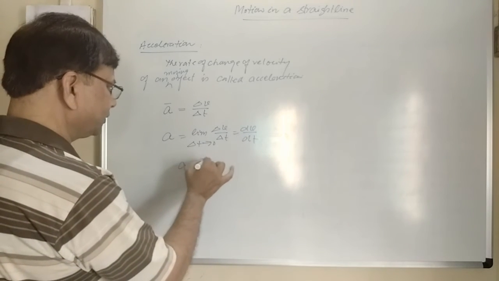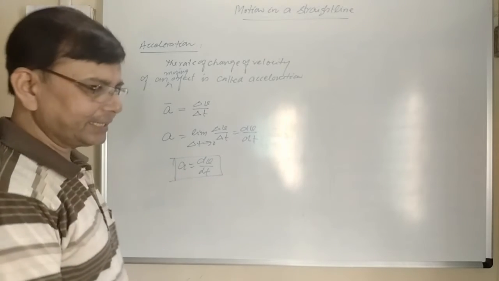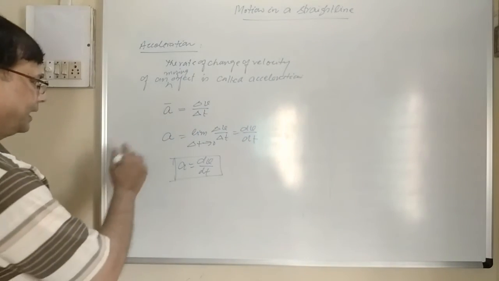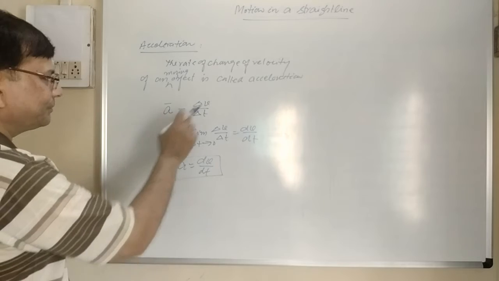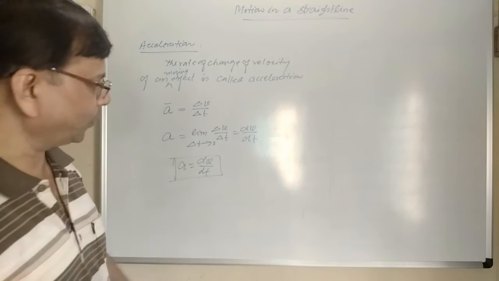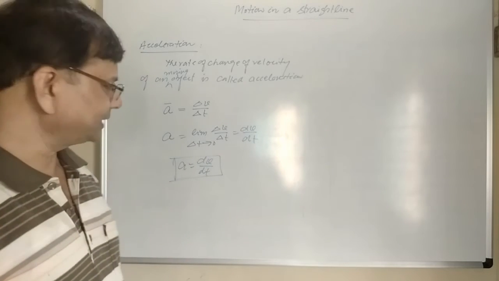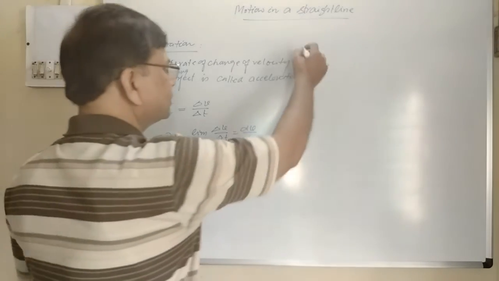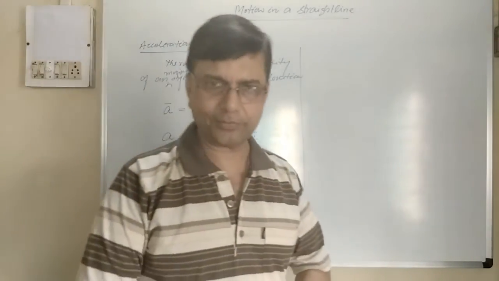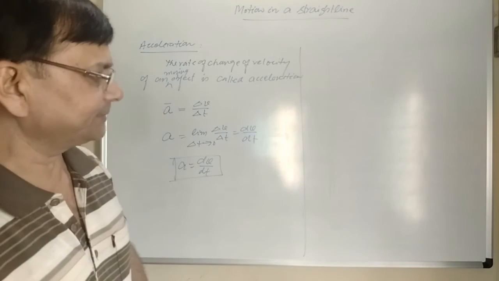So a is equal to dV upon dt, that is called the instantaneous acceleration of the moving object, right? This one is the average, and the moment delta t approaches 0, it is instantaneous acceleration, that is dV by dt. So through various graphs we will understand the different situations of the moving object.